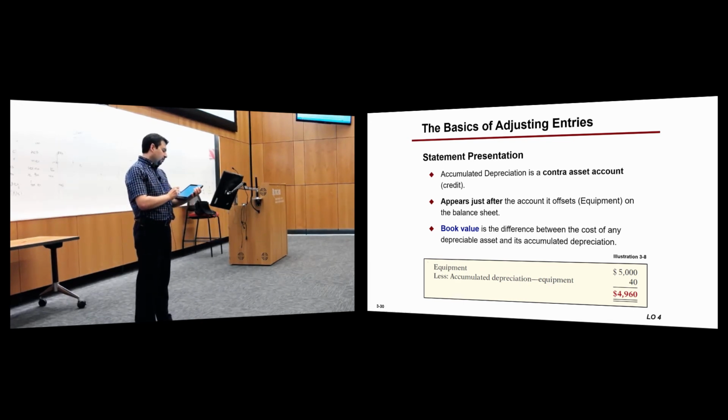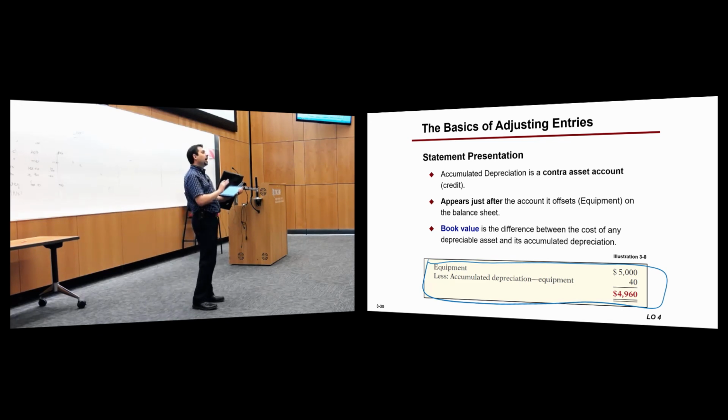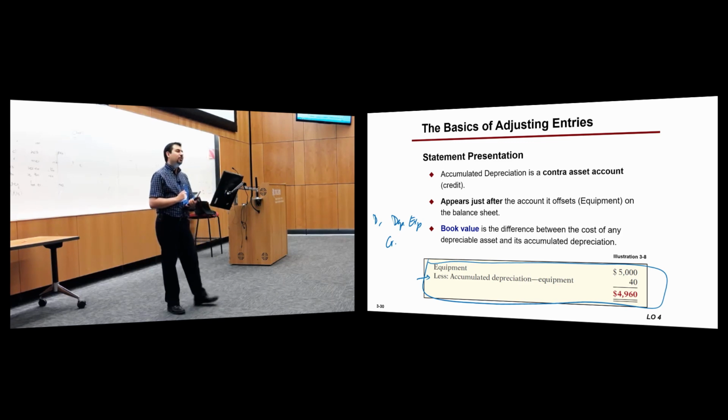Think of those two together as one item. You are crediting this one item, but your expense has increased. So what we did was debit depreciation expense and credit this here. Okay, we'll talk about that more on Friday.